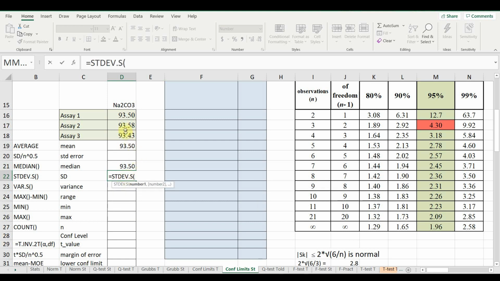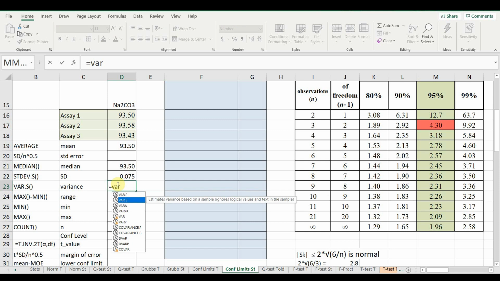S is for sample. Scroll over the arguments, enter. 0.075. Now the variance is just the standard deviation squared. We could do that, but there is a function for it, so let's use that. Equals VAR, again .S, not P. We don't want the population variance, but sample variance, tab.